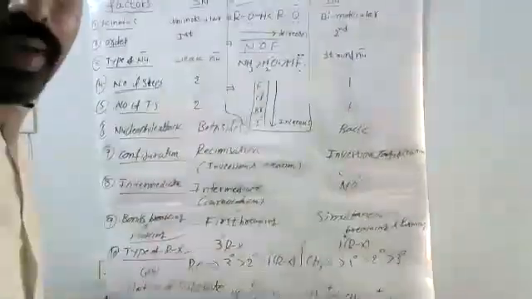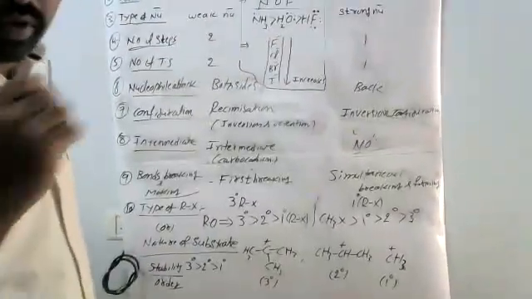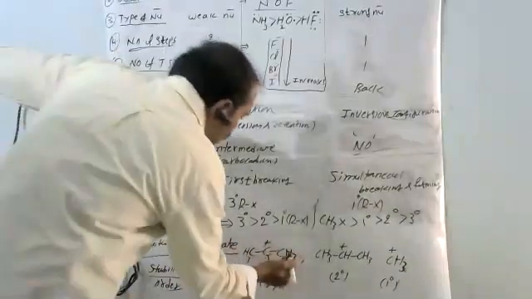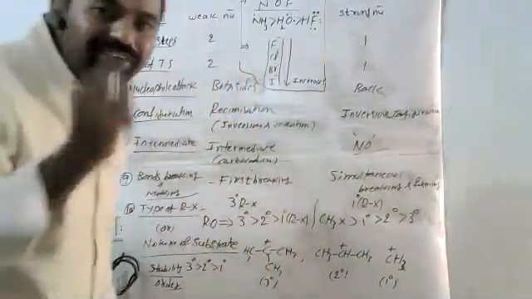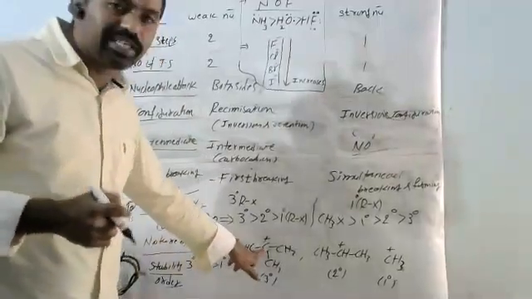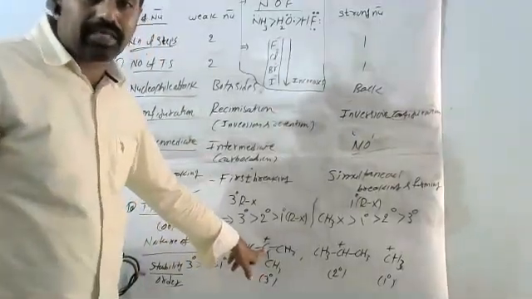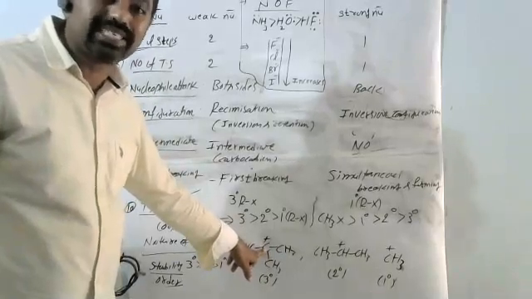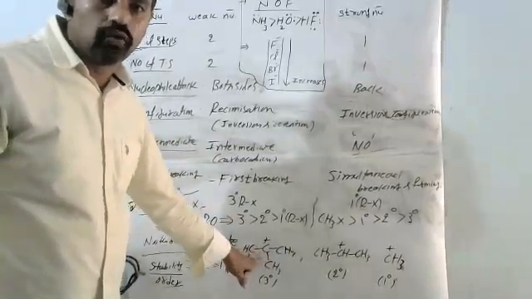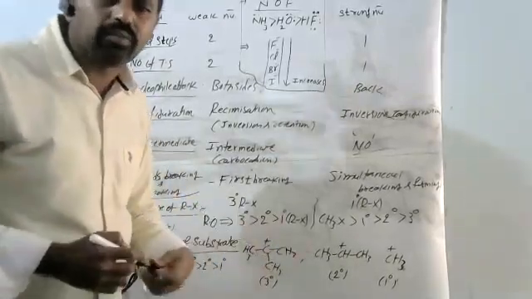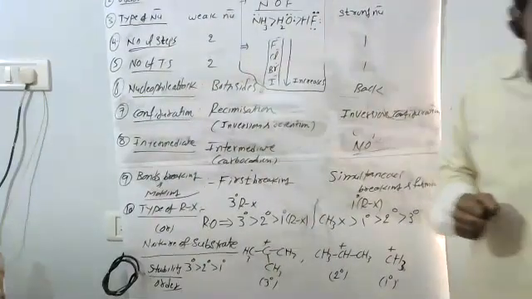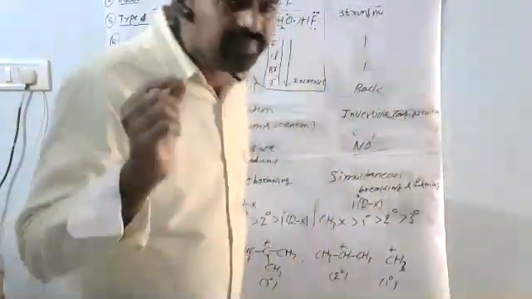In that stability order, 3 degree carbocations are more stable. Why? Because carbocation means electron deficient carbon. That carbon is surrounded by how many electrons? Total 6 only. 3 bonds: 2, 4, 6. Any carbocation is surrounded by 6 electrons. Electron deficiency character.